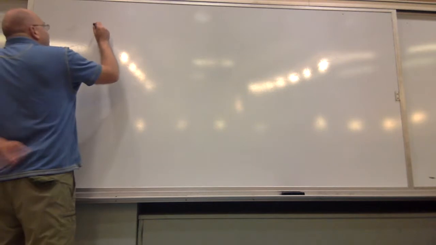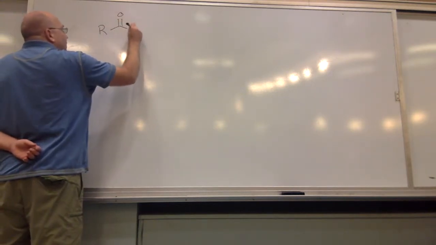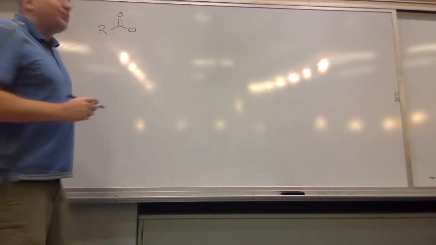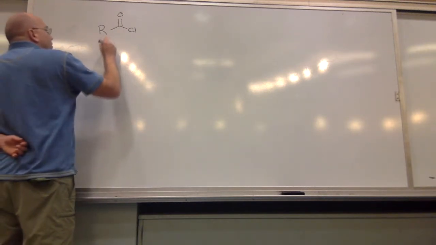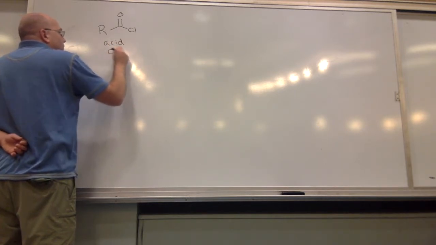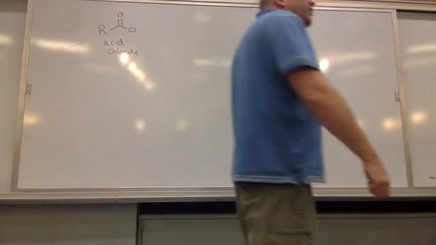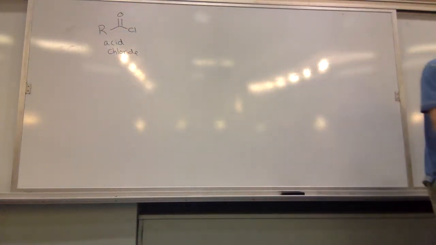Usually you don't have alkyl bromides; usually it's an acyl chloride. We usually call these acid chlorides, because they're the chloride version of a carboxylic acid.